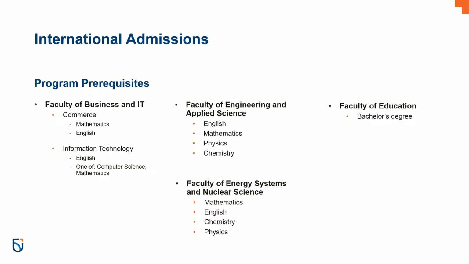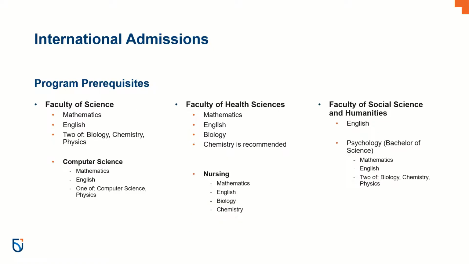For programs under the Faculty of Engineering and Applied Science, we're looking for English, mathematics, physics, and chemistry. For programs under the Faculty of Energy Systems and Nuclear Science, we're looking for mathematics, English, chemistry, and physics.